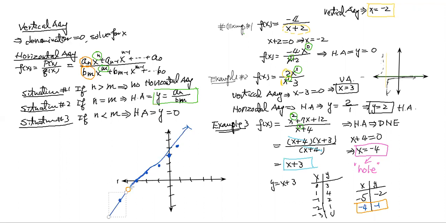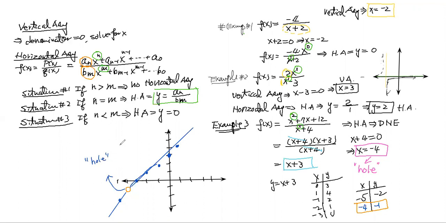So let me graph this one to see if I can graph it better. Oh, much better. Okay, good. All right, so that's why we call it a hole here, right? Because you really have a hole here.